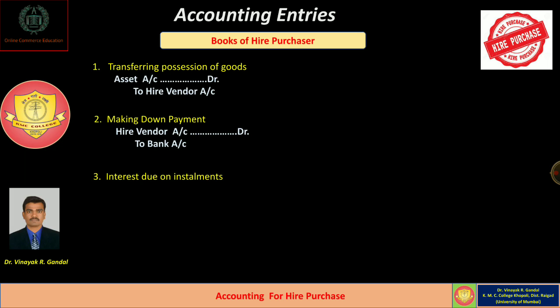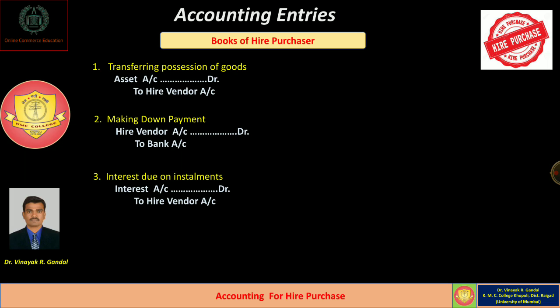Whatever interest is due, before making the payment of the installment, we have to calculate the amount of interest at the rate prescribed in the hire purchase agreement, and the entry for interest due is to be recorded in the books of account, like interest account debit to hire vendor account.